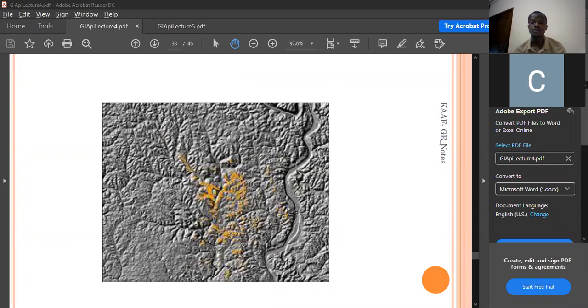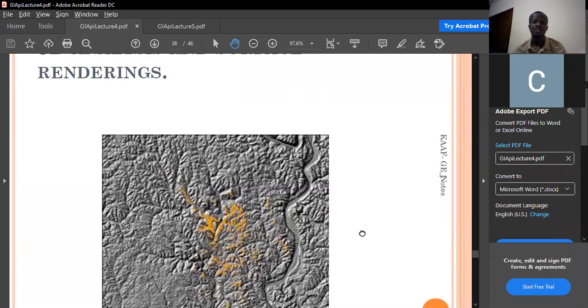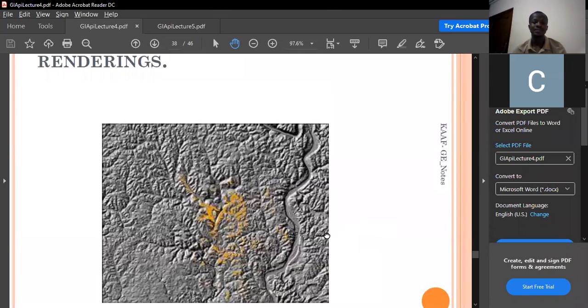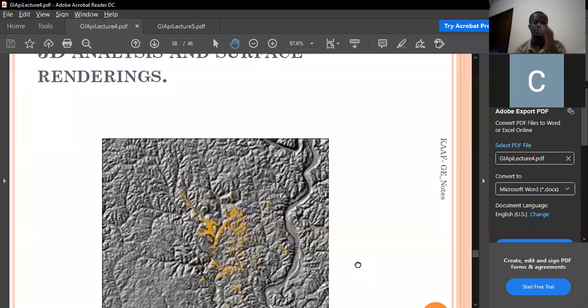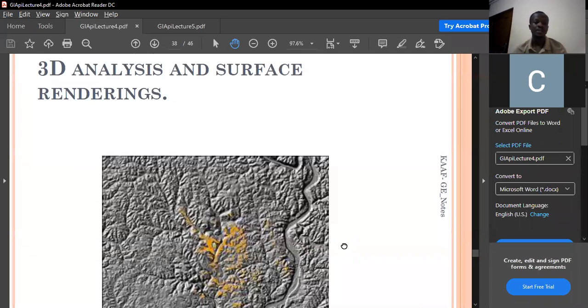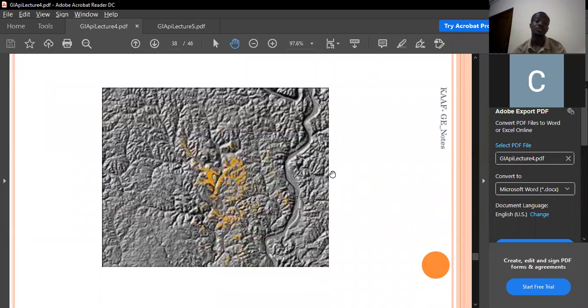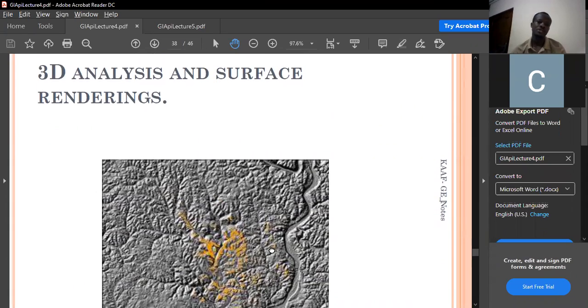I think we'll talk about surface analysis. But for now, let's look at 3D analysis and then viewshed analysis. We want to just look at a few things. We'll revisit this topic again. While you are looking on the screen, not the board, is what we call a viewshed.